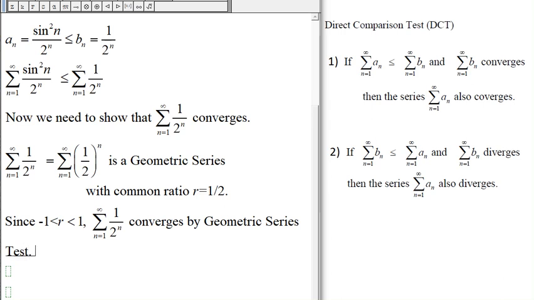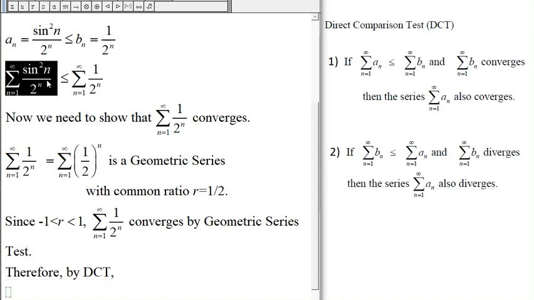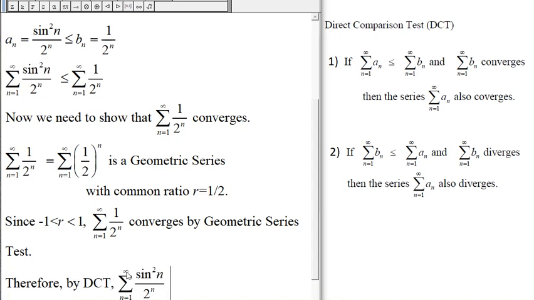So that's what the geometric series test says: if the common ratio is between -1 and 1, then the series converges. And therefore, by direct comparison test, this series converges.